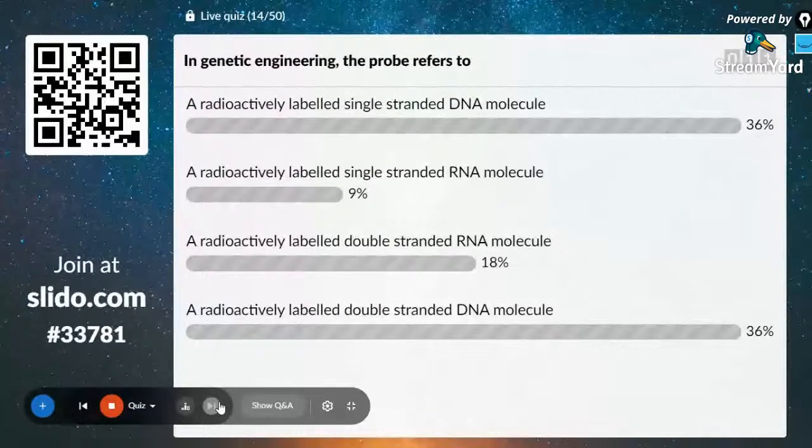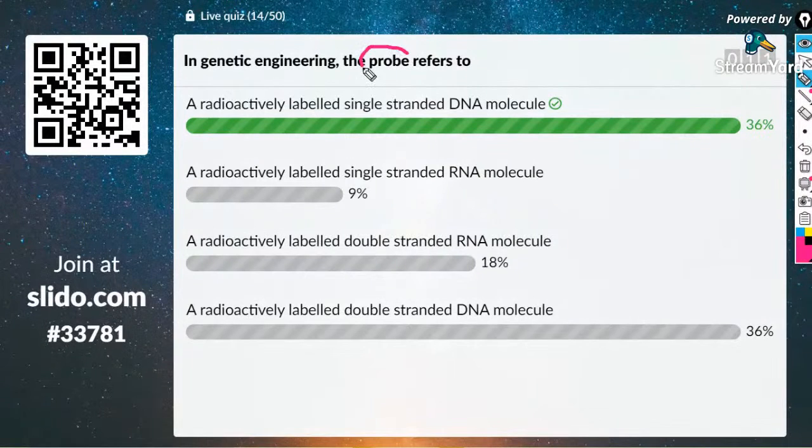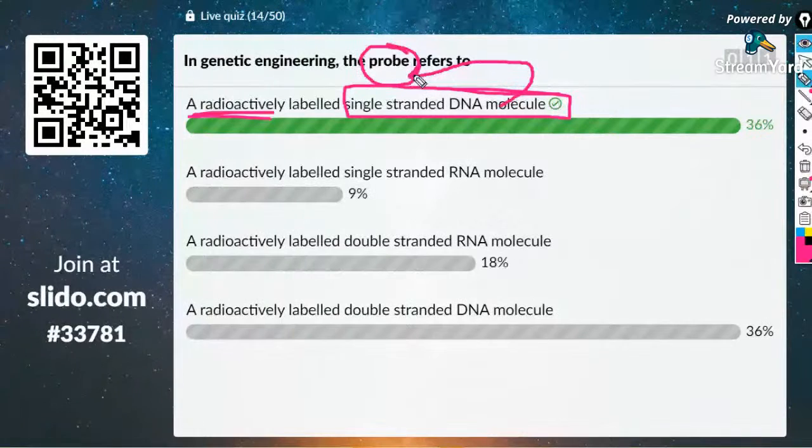The correct answer is a radioactively labeled single-stranded DNA molecule. A single-stranded DNA molecule which is radioactively labeled, you will call it as the probe. Next question on the screen.